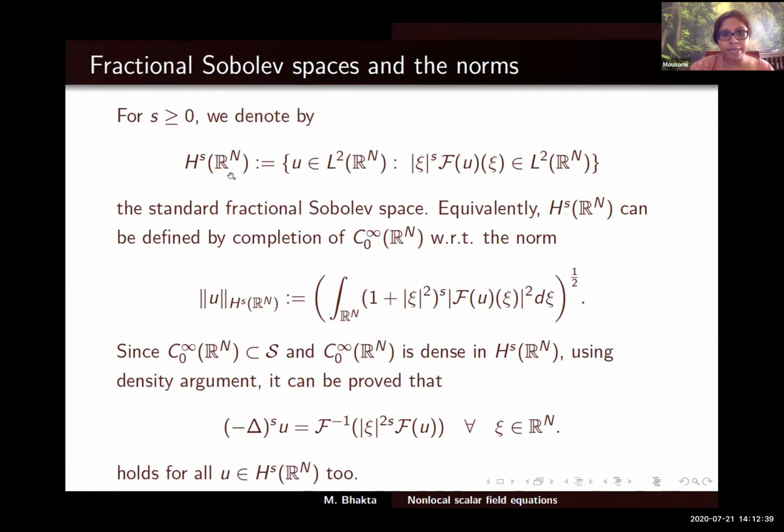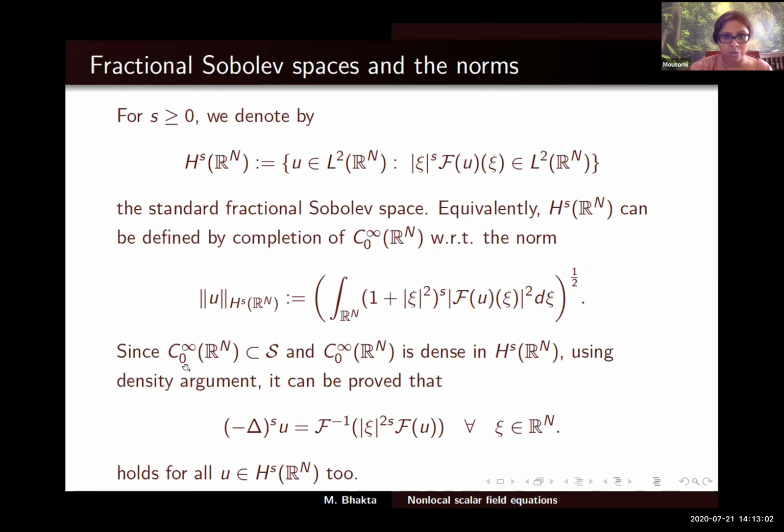For any s non-negative, I define the fractional Sobolev space H^s(R^n) by taking all those L2 functions for which (1 plus |ξ|²)^(s/2) times the Fourier transform of u is in L2(R^n). This can be equivalently defined as the completion of C_0^∞ with respect to this norm, where C_0^∞ is the space of C^∞ functions with compact support.